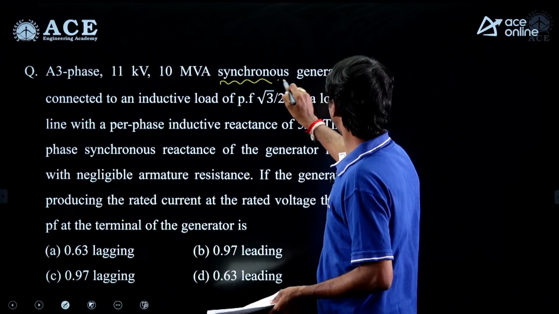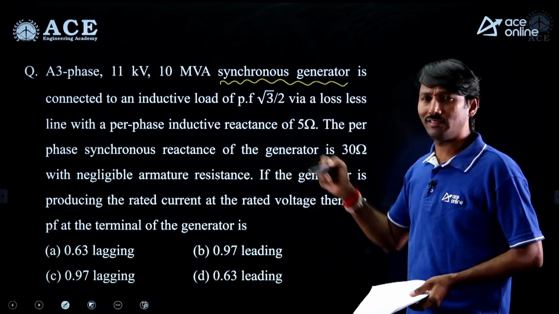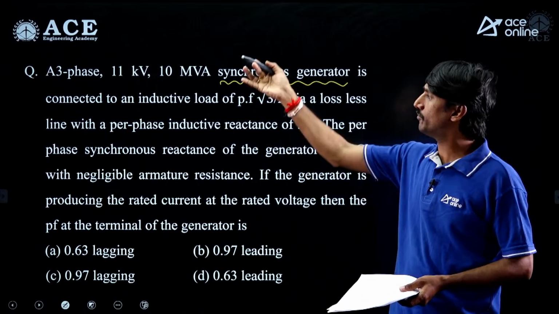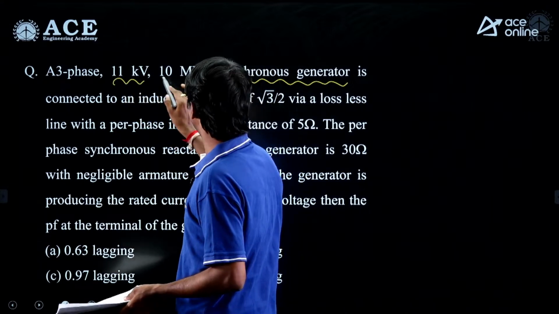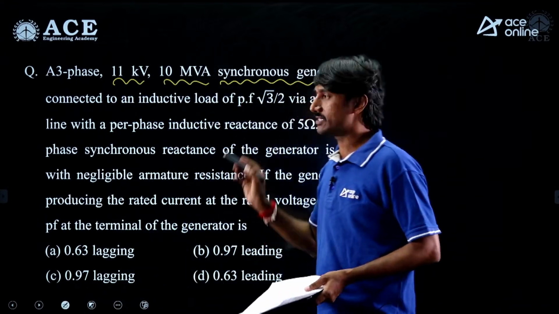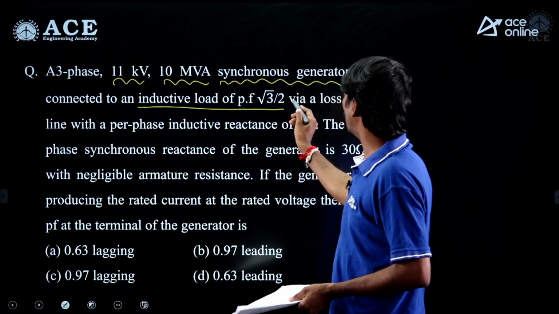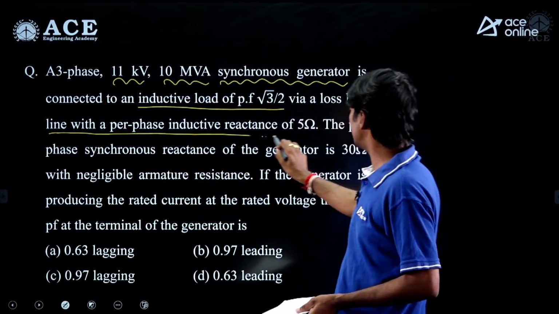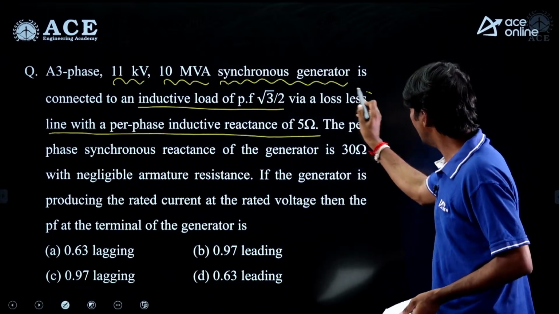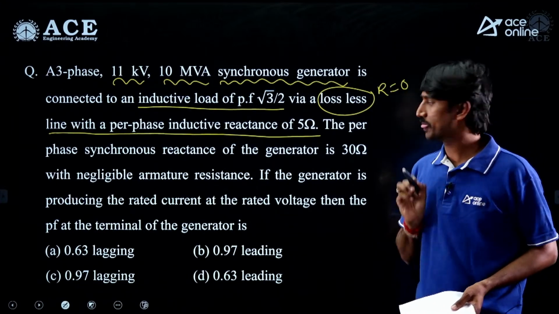This is the question from synchronous generator. It looks somewhat lengthy, calculation part is also there, but if you follow the procedure, answer is very simple. Here 11 kV, 10 MVA synchronous generator is given, with an inductive load of power factor √3/2 via a lossless line. Very important: lossless line, so simply R is 0.